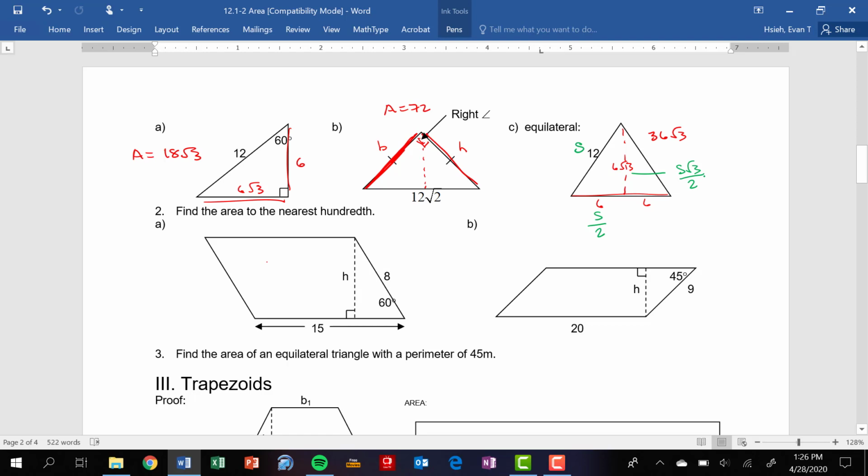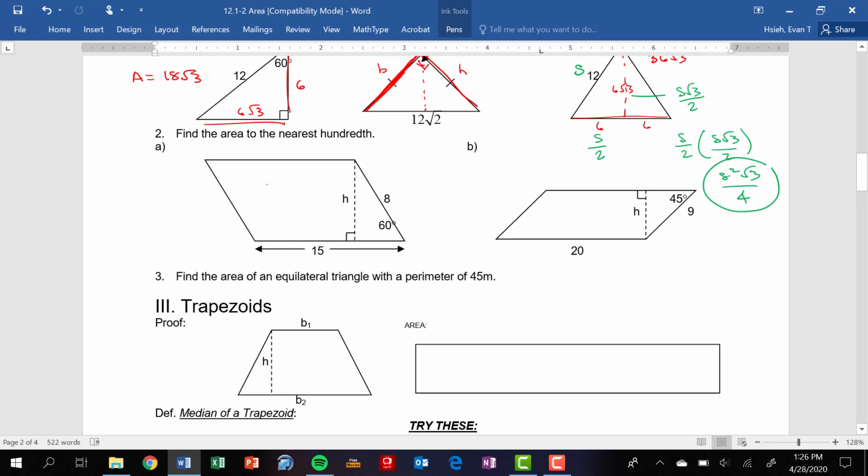And so half of the base is s over 2, times the height, which is s root 3 over 2, so it's going to be s squared root 3 over 4. And that's definitely a formula you'll want to memorize for future reference.